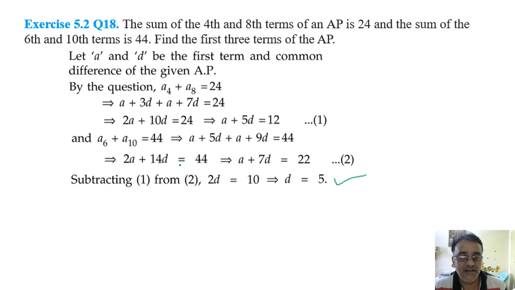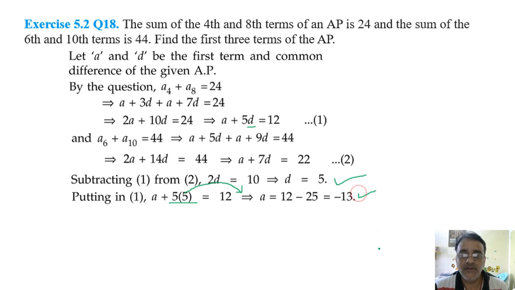Now the value of D we will substitute in any one equation. We'll substitute here. So 5 into 5, 25 we will shift here. 12 minus 25. How much? Minus 13. Right, fine. Now we have to find the first 3 terms. The first term we already got, that is minus 13.